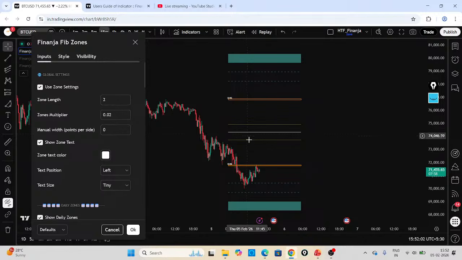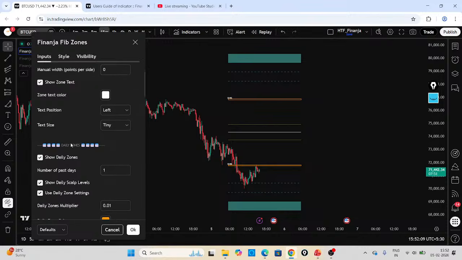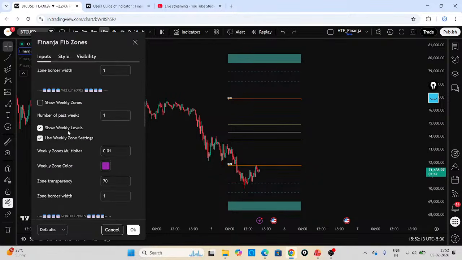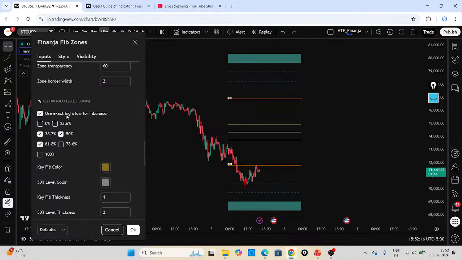And if I wanted to explain exactly how to trade these levels, come here. These are the main levels. If you want, you can come here and use these levels, right? Key Fibonacci levels. So just switch on 23.6.